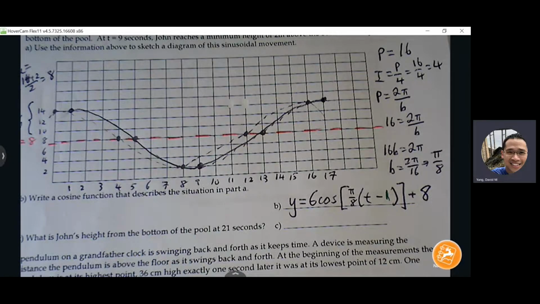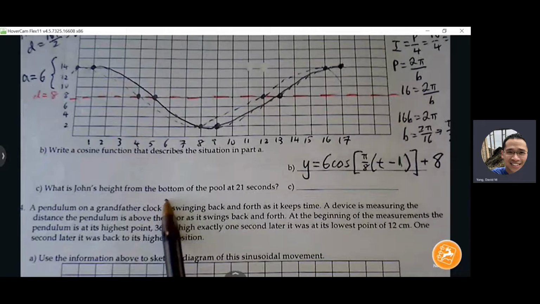All right, so now part B, what is John's height from the bottom of the pool at 21 seconds?